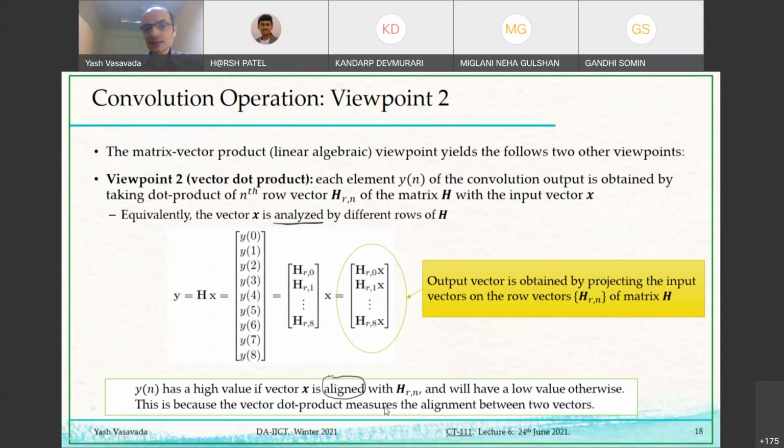It measures the alignment between the vectors. Because dot product is the magnitude of the vectors multiplied times the cosine of the angle between the two vectors. And so when the angle is 0, cosine is maximum, and then the output will be maximum. If the two vectors are 90° apart, then y of n will be 0.